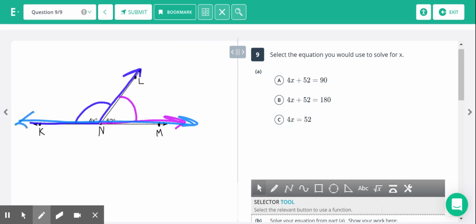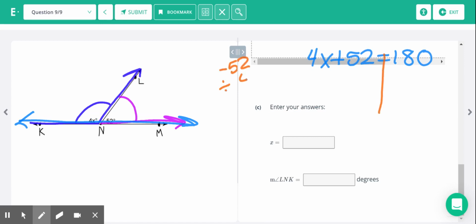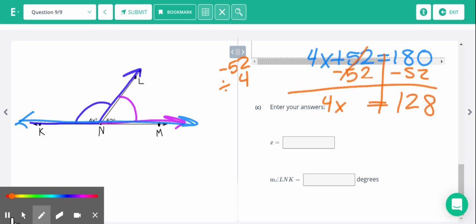So when I add them together, I get 180, so that should be B. This is an ABC problem, so part B is solved. We're going to solve by subtracting 52 and dividing by 4. We start with subtracting 52 on both sides, and we get 4x equals 128. We divide both sides by 4, and I get 32 for x.